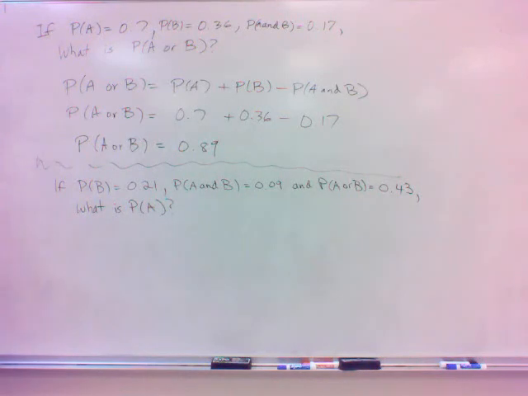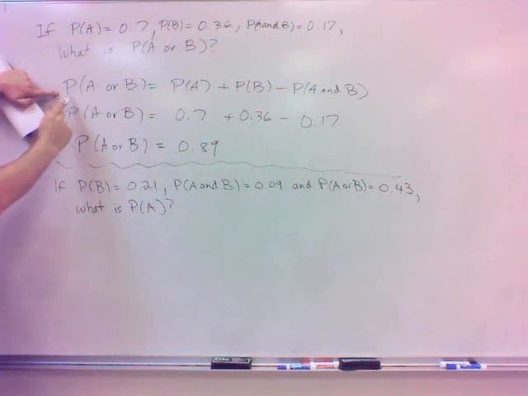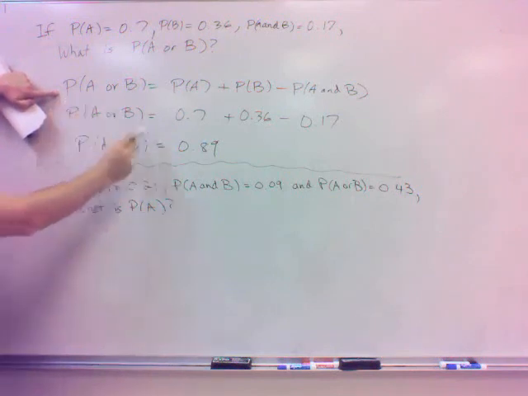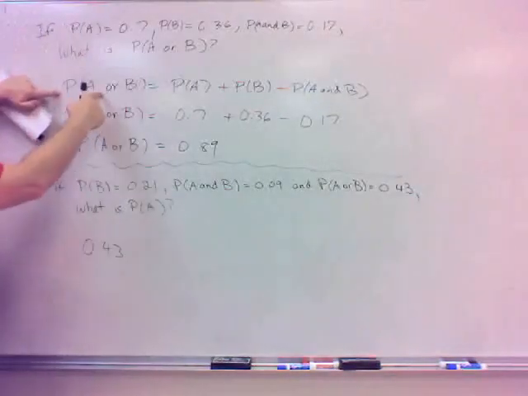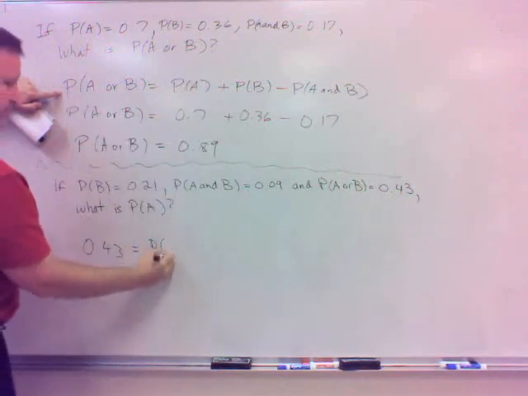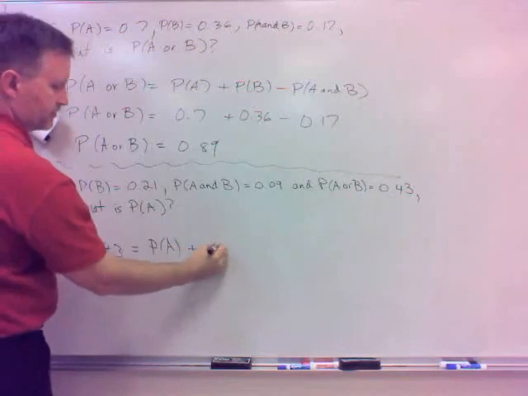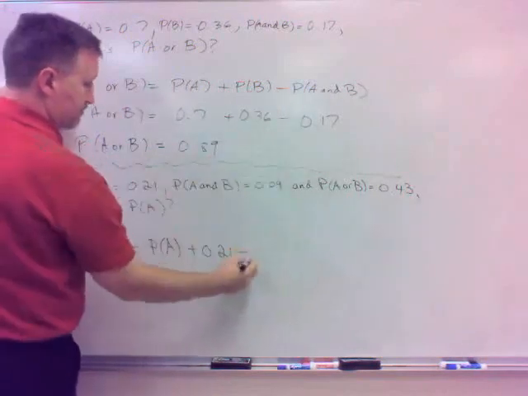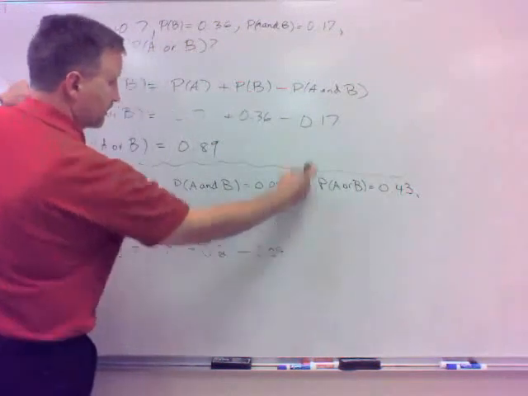Well, in this case, I'll just use this formula from up here. I know A or B, so the probability of A or B would go over here, wouldn't it? 0.43. That's my probability of A or B. The probability of A I don't know, and the probability of B is 0.21, and the probability of A and B is 0.09, so it would go behind the minus there.